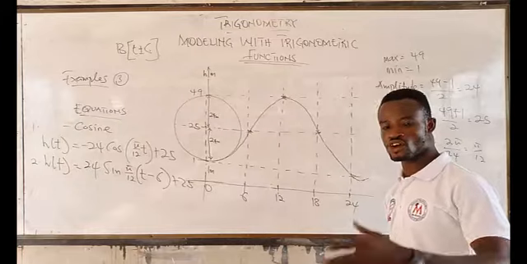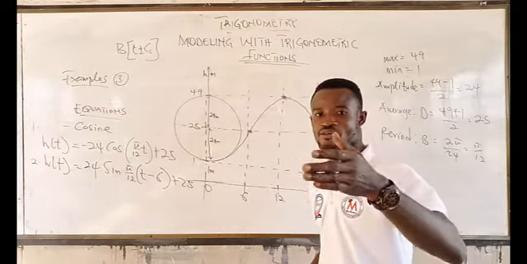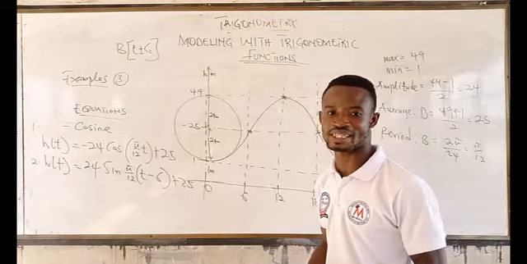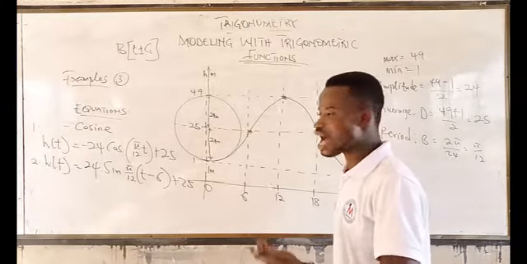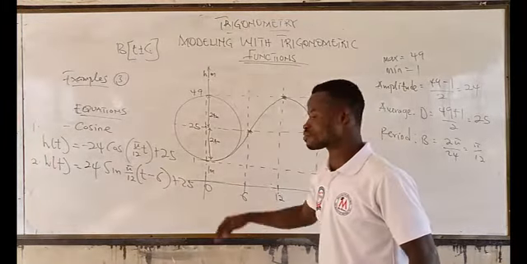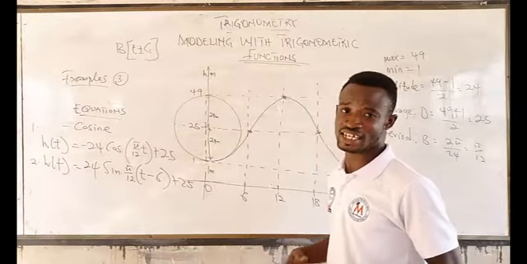Because we already know from the beginning that the Ferris wheel is 1 meter above. So if you move on to here 30 meters above, it doesn't mean that it's going to be 30 meters above. No. Here is where the 13 is now coming in.